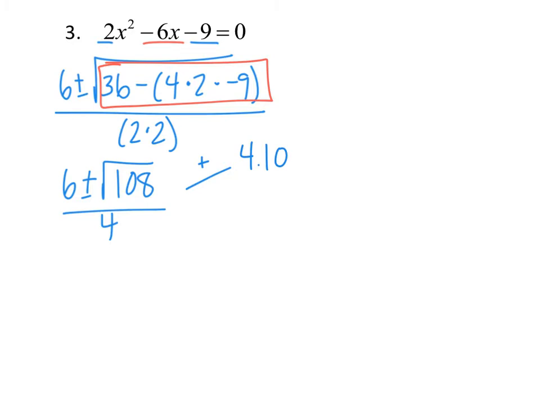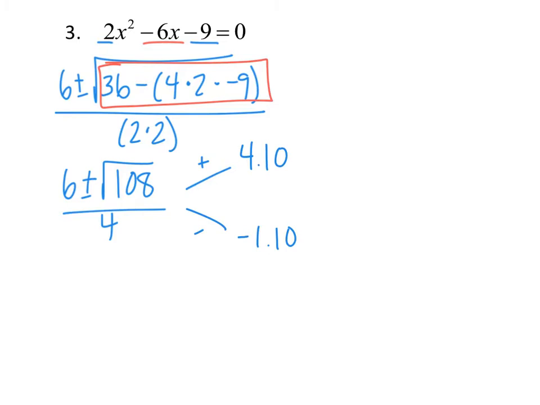Now the same thing, but with the minus. So 6 minus the square root of 108. Divide that by 4, and I get negative 1.10, once again.